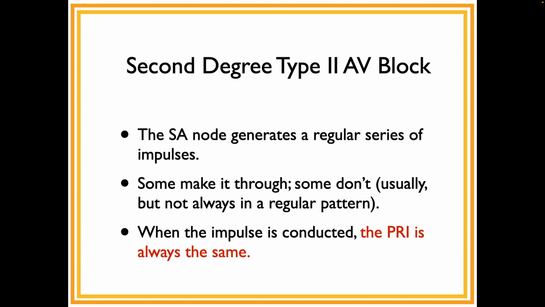So it's kind of on or off. There's none of this progressively stretched out PR interval. If it blocks it, it blocks it. If it conducts through, it conducts through with a consistent PR interval. So the PR intervals are going to be consistent, and there will always be orphan Ps. Okay, so it's either on or off. And we'll look at examples.